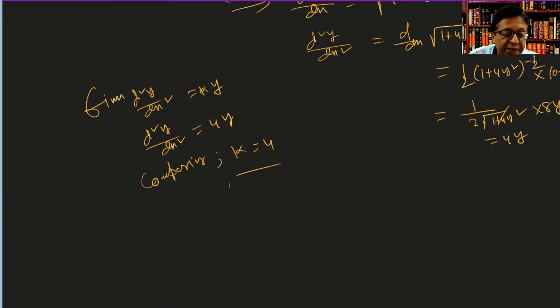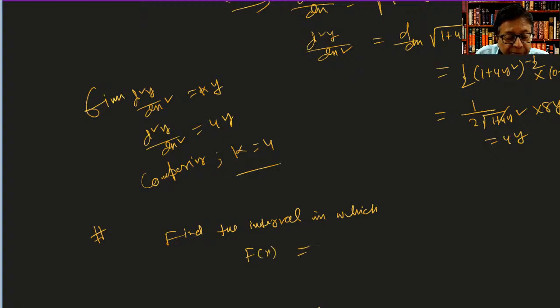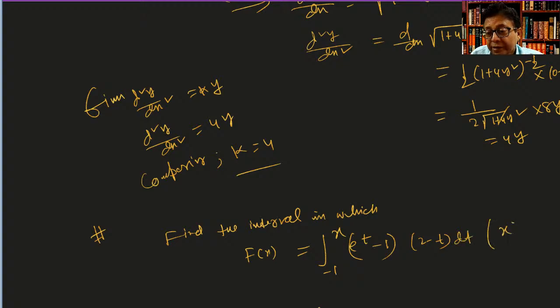Application in increasing and decreasing function. Okay? Find the interval in which f(x) equal to integral from minus 1 to x of e to the power t minus 1 times 2 minus t dt, given x greater than minus 1, is increasing.